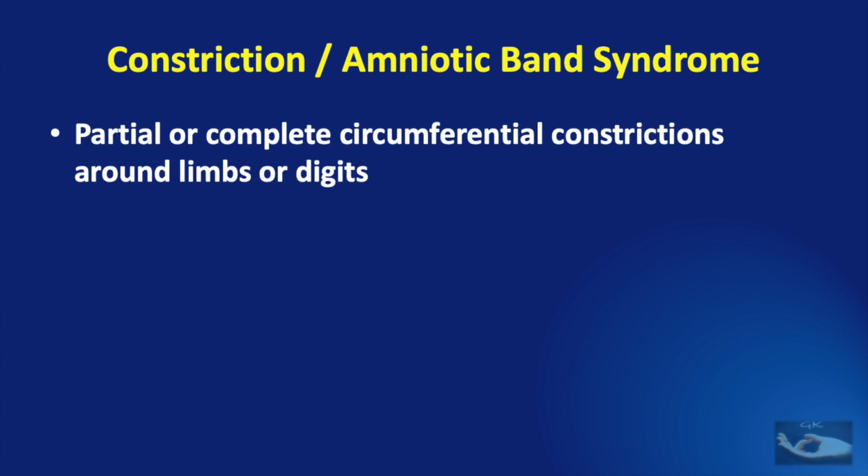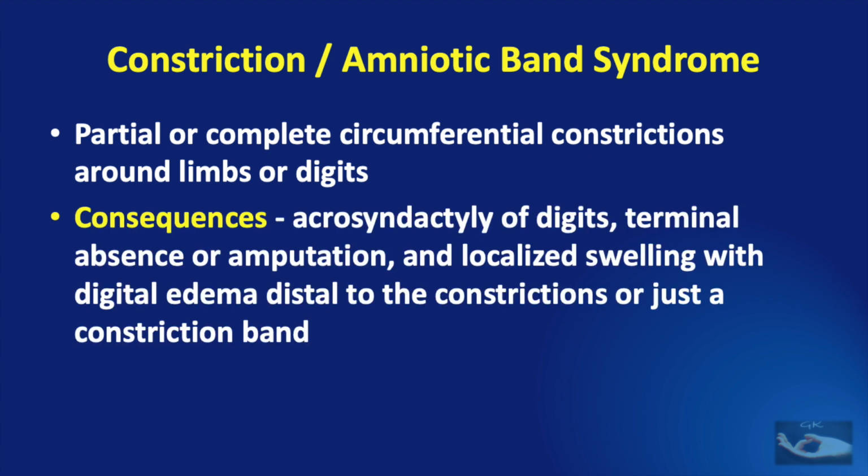The Constriction Band Syndrome or the Amniotic Band Syndrome refers to partial or complete circumferential constrictions around the limbs or digits. As a consequence of these constrictions, acrosyndactyly of digits may develop, terminal absence or amputation may occur, localized swelling with digital edema distal to the constrictions, or just a constriction band may be present.